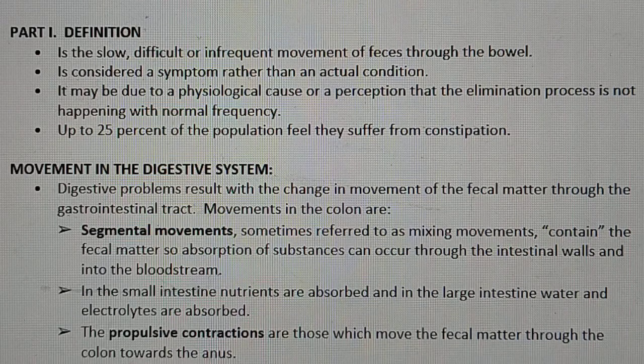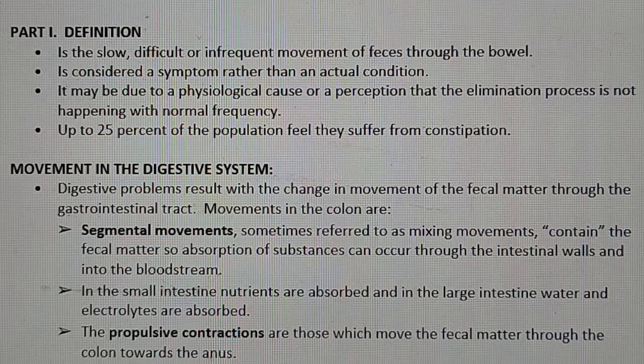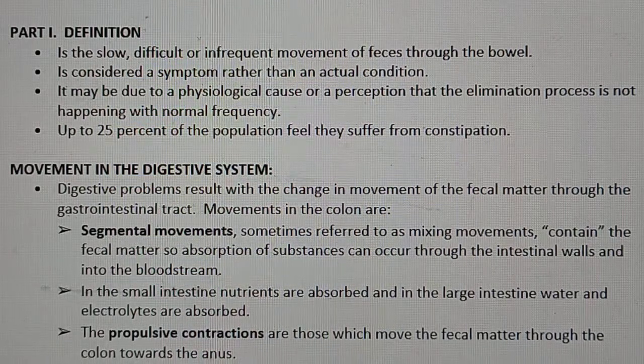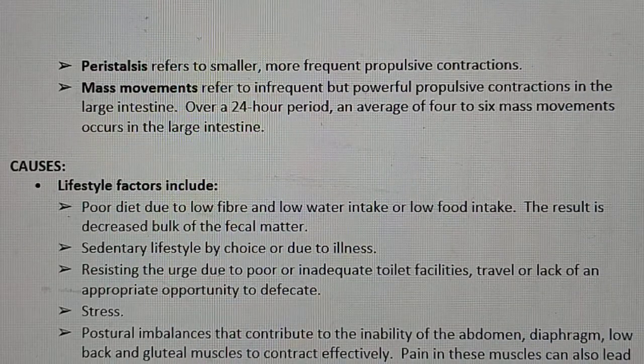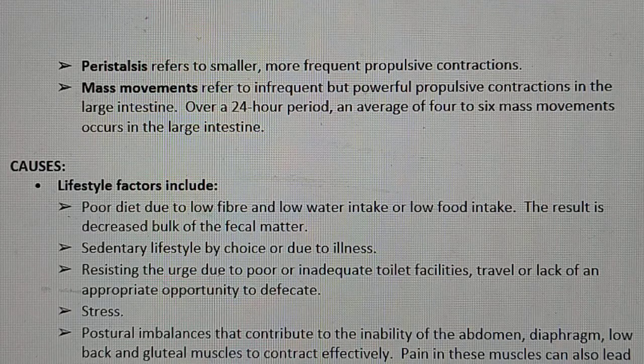Okay, so next is the propulsive contraction. The propulsive contractions are those which move the fecal matter, the feces, through the colon towards the anus. There's the so-called peristalsis, guys, so you'll remember this. It refers to smaller, more frequent propulsive contractions. So down the gastrointestinal tract, the peristalsis movement is always happening.